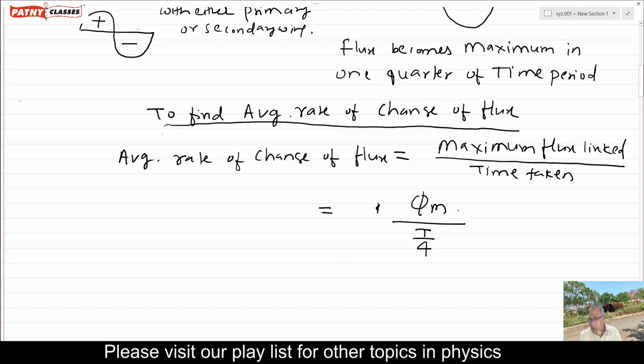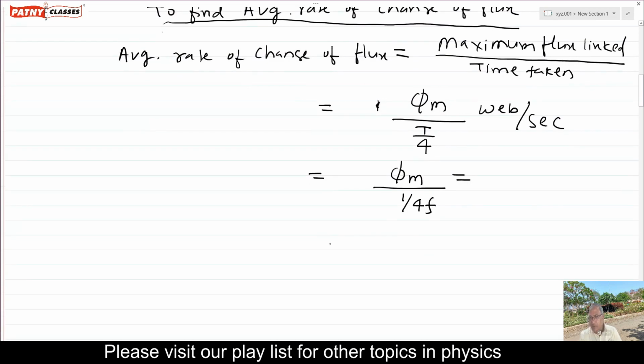The flux is measured in Webers and time in seconds, therefore Weber per second. But T upon 4 equals 1 upon 4f, so the average rate of change of flux equals 4f multiplied by phi m, that is 4f phi m. Let us call it equation number 2.